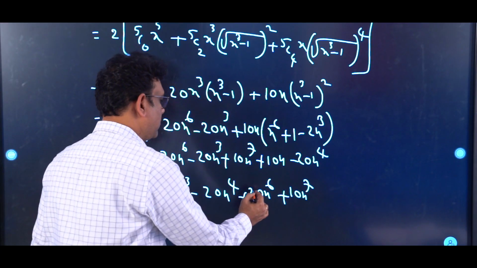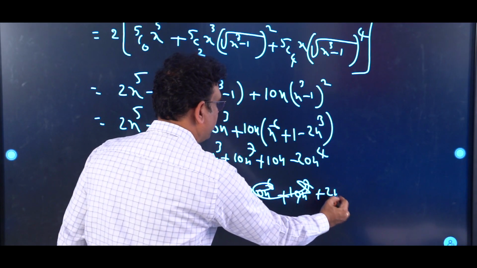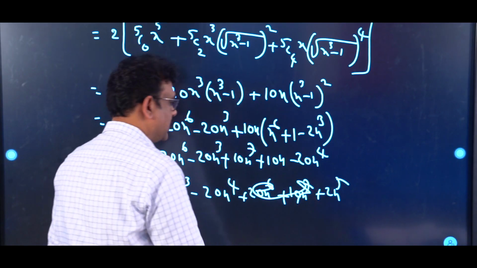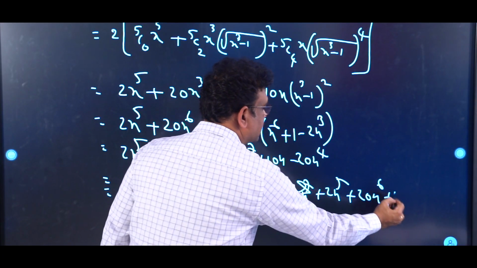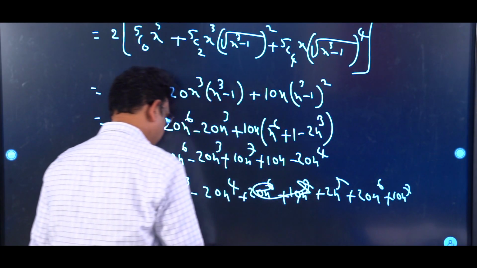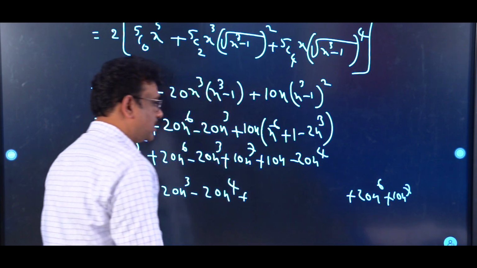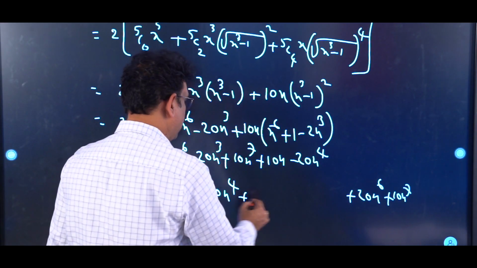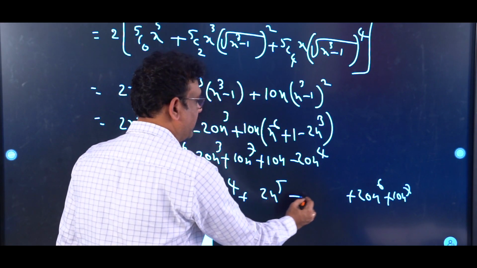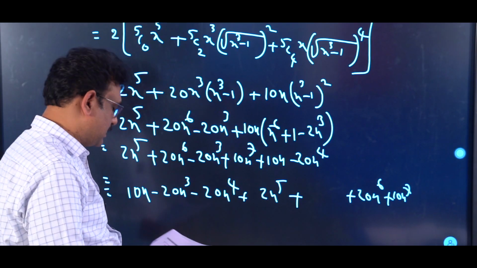No, write it: 2x power 5, next 20x power 6 plus 10x power 7. So x power 4, next x power 5 plus 2x power 5, 20x power 6 and 10x power 7.